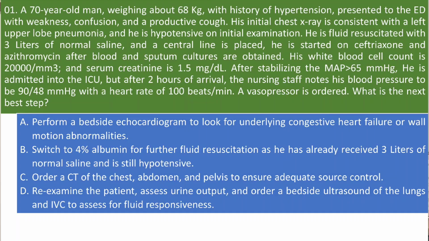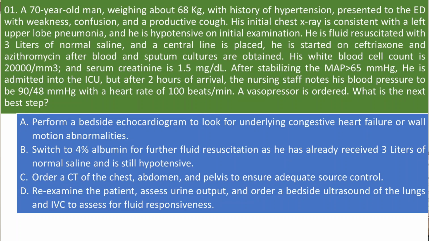Question number 1. A 70-year-old man weighing about 68 kg with a history of hypertension presented to the emergency department with weakness, confusion and a productive cough. His initial chest X-ray is consistent with left upper lobe pneumonia and he is hypotensive on initial examination.